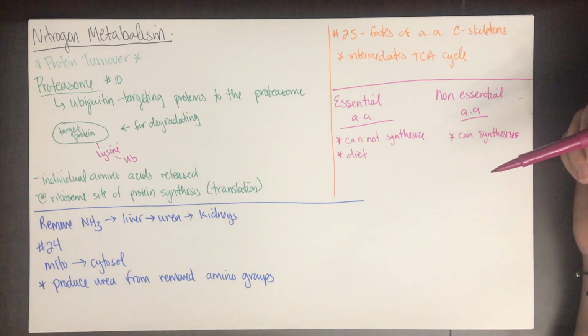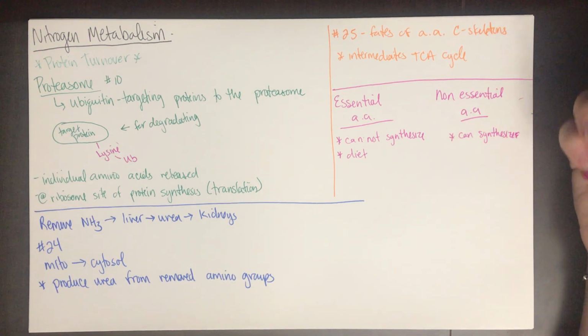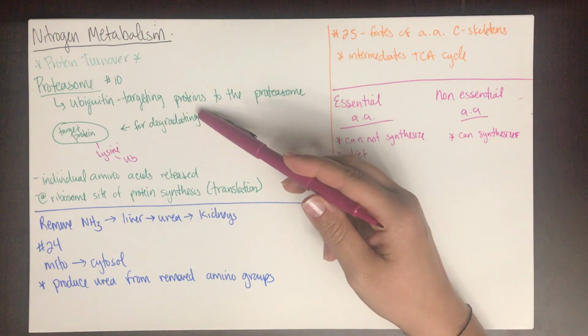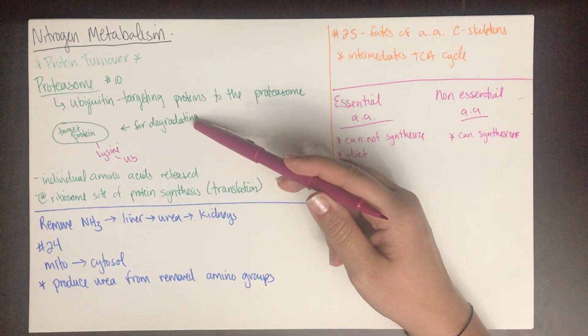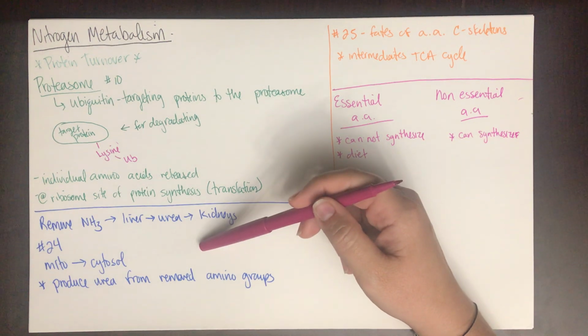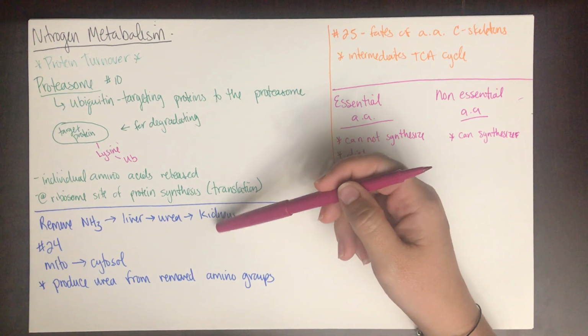But this is what I want you to know about nitrogen metabolism. I want you to know that protein turnover is facilitated by ubiquitin in the proteasome. I want you to know that it's necessary to remove the amino group from the amino acids because urea is toxic.